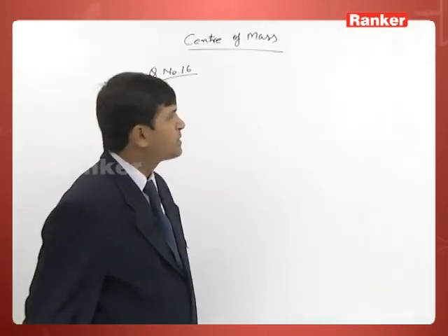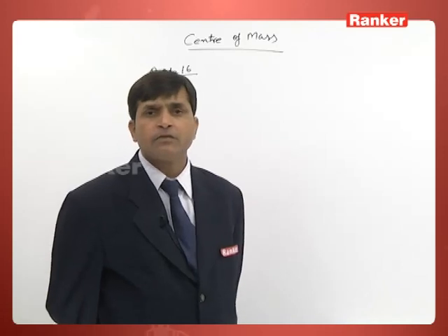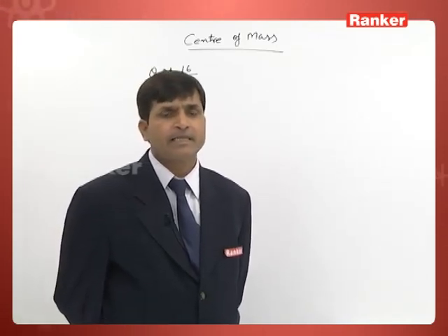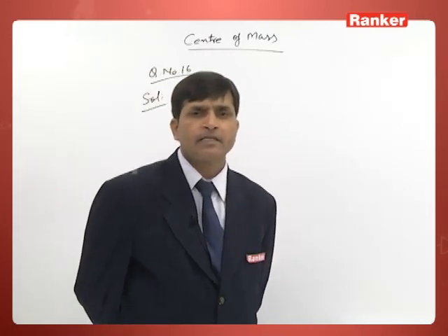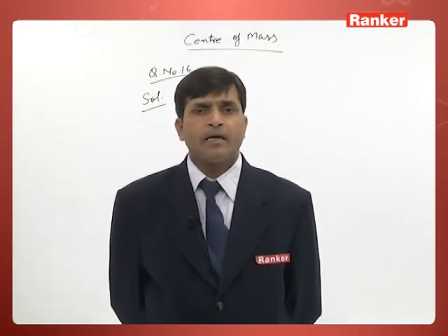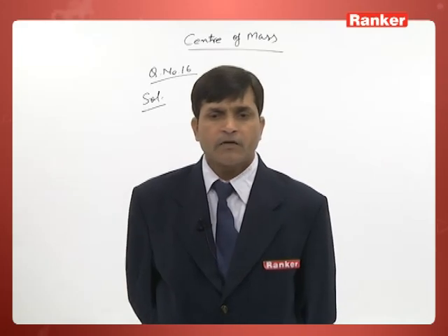So even if mass is uniformly distributed, if the center of gravity is changing, or if g is not uniform, then the centroid or center of mass and the center of gravity point will not coincide.